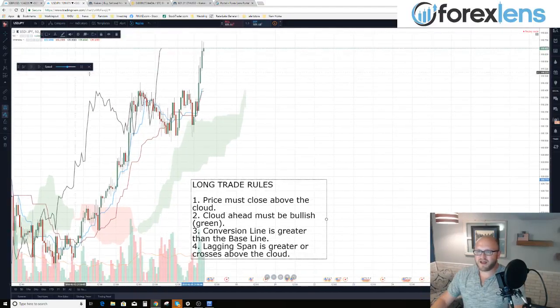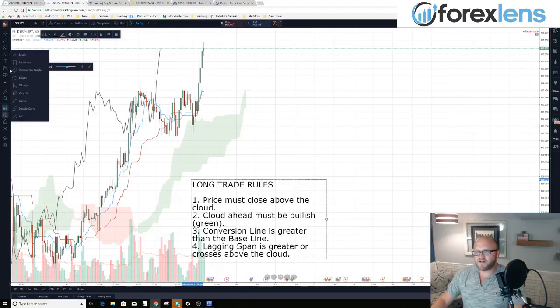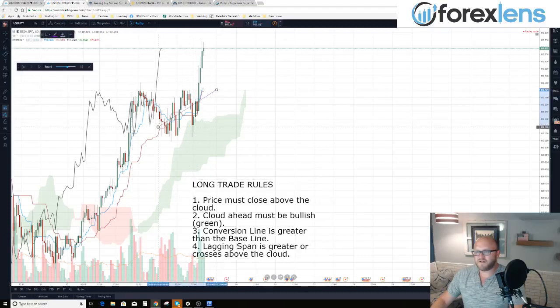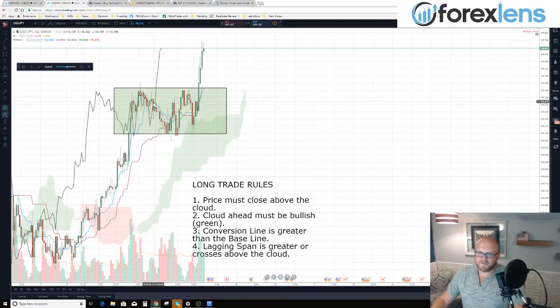And actually, I just missed something, is that if we enter into situations like we just saw here, see where price crossed below, and then we start to see a little bit of consolidation here as we're approaching the cloud. People often ask, well, when do I take a trade?